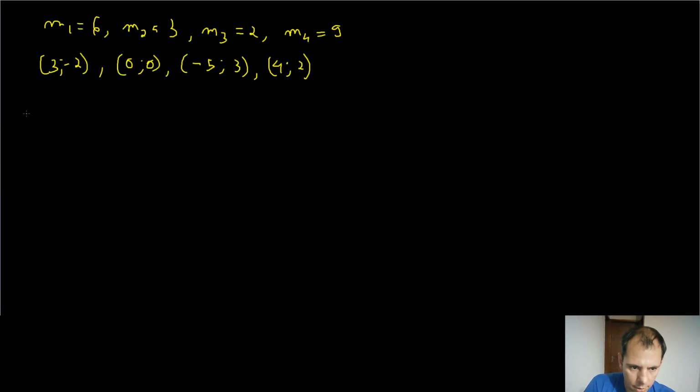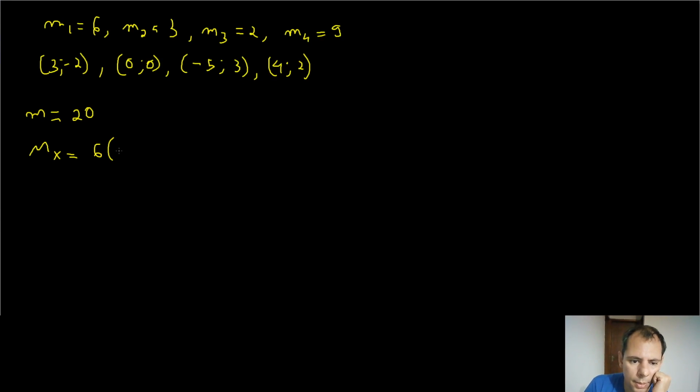So let's see, what's the total mass in the first place? Well, 6 plus 3, 9, plus 2, 11, plus 9, 20. All right. What is the moment about the x-axis? Well, it's going to be 6 times minus 2, because about the x-axis, you care about the y-coordinates.